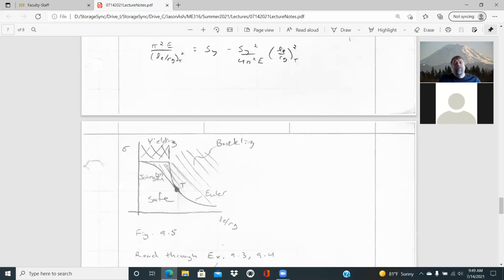And so when you start looking at ASCE's criteria, they will then establish design curves well below this theoretical limit so that you're well below that potential for buckling. And so that's what you'll see with the ASCE criteria, is just design curves placed below that.